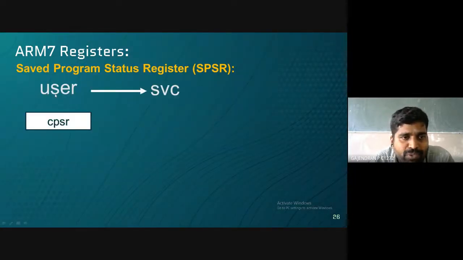For example, I am switching from user mode to the supervisory mode.